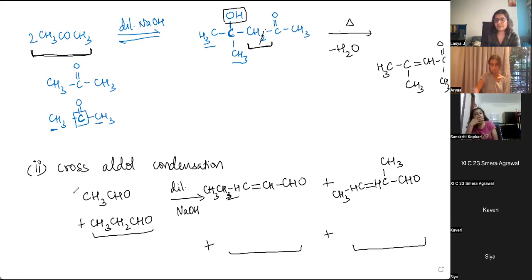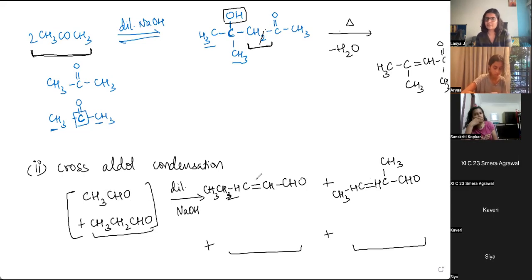In cross aldol, you're heating two different aldehydes or ketones, and you're going to get a mixture of products, because you have reactions happening between all the different molecules. So CH3CHO, acetaldehyde, plus propanal, say, you'll get the two cross possibilities, and then you get products of the self aldol condensation of acetaldehyde itself and propanal itself.